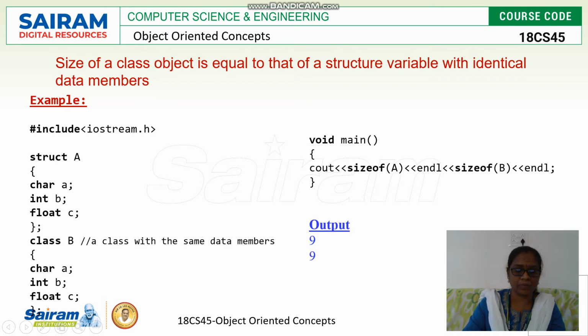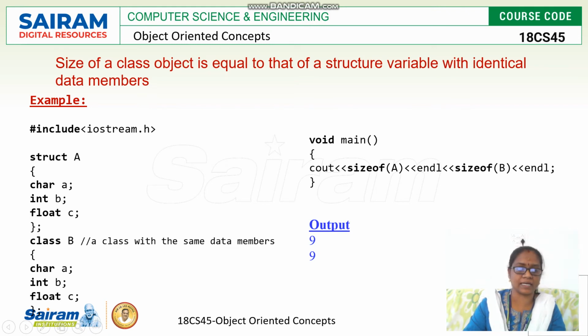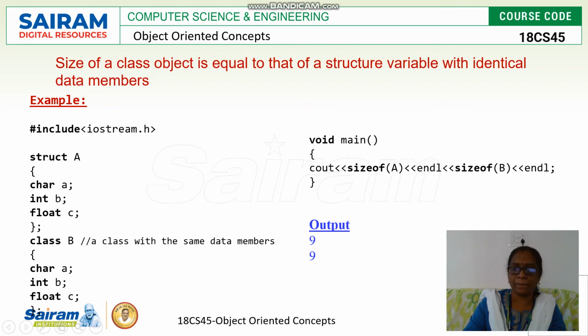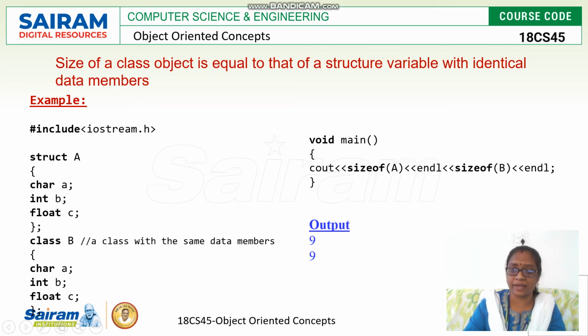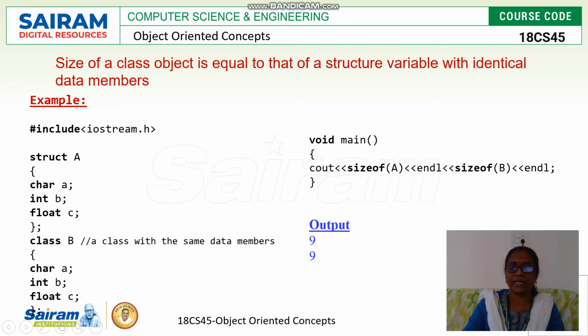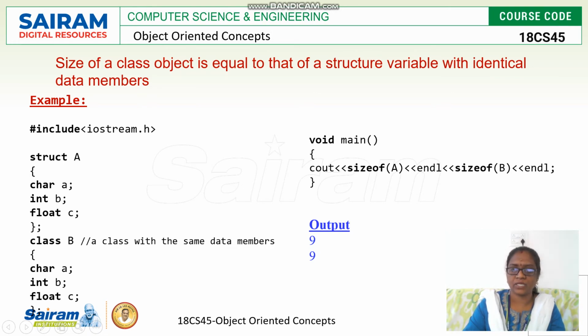It has three member variables: character A, int B, float C. The same three data members are declared inside one class called B: character A, int B, float C. When you print the size of the structure and the size of the class with identical members, it has the same size. When you see the output, it is 9. So the size occupied by the structure and the class is the same, right?